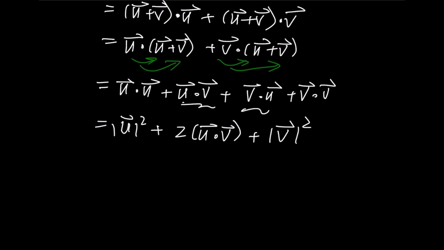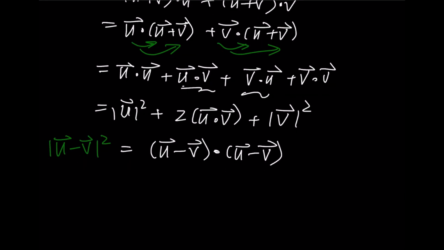So the length of u minus v squared is very similar to the one we just did above, except the minus sign will cause us to think just a little more. The key takeaway here is that the distributive property allows us to go through over this. Now, the other thing we want to remember here, this is the same as u plus negative v. And that negative is really a constant.